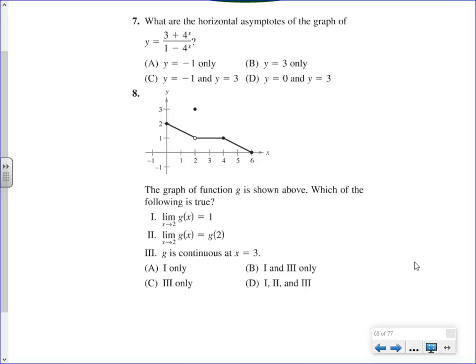But there's a point right there. Does the limit as x approaches 2 exist, and is it 1? Yes. But there's a hole. Still exists. But they're meeting.